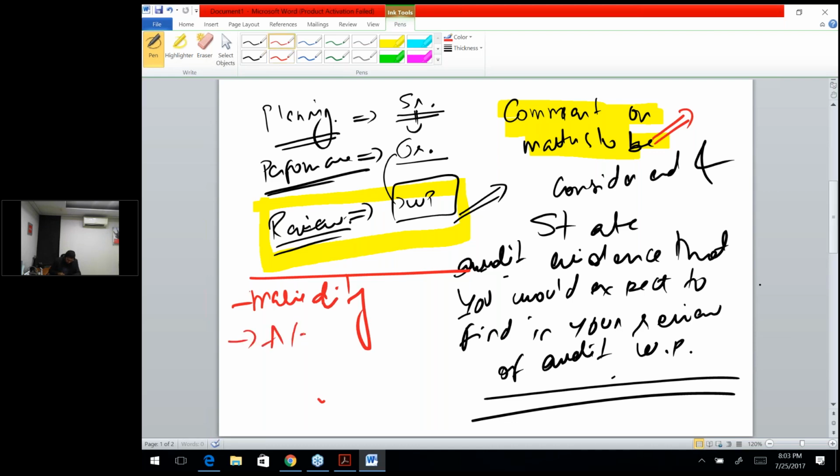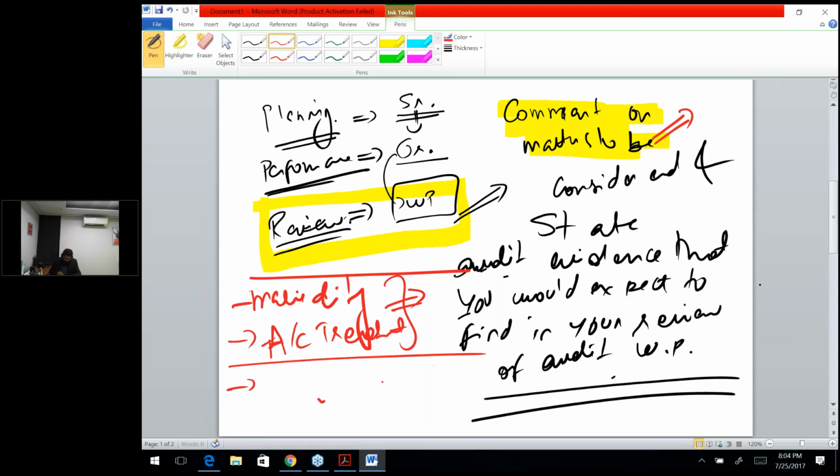And then you have to talk about the accounting treatment. So one of them is materiality. The other is the accounting treatment.